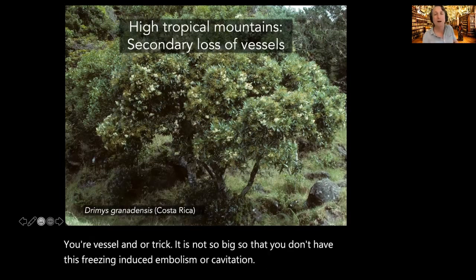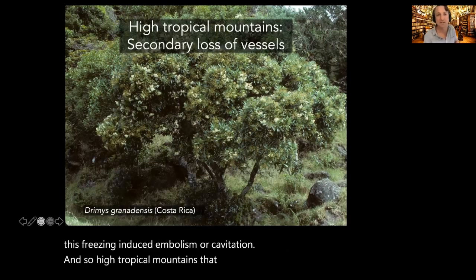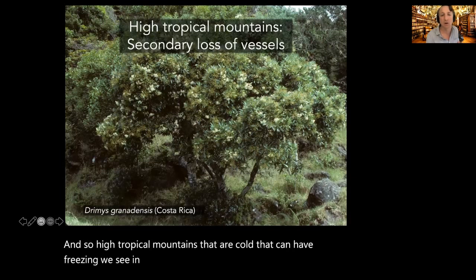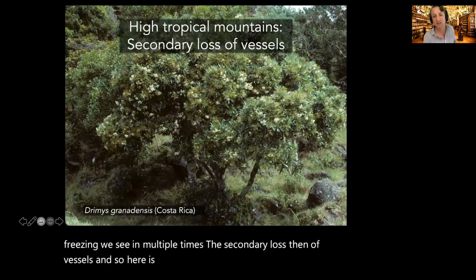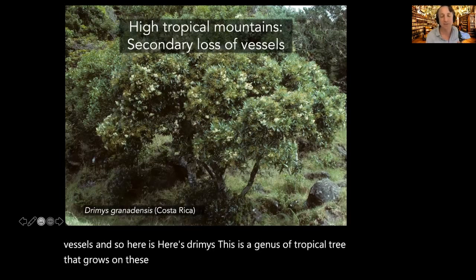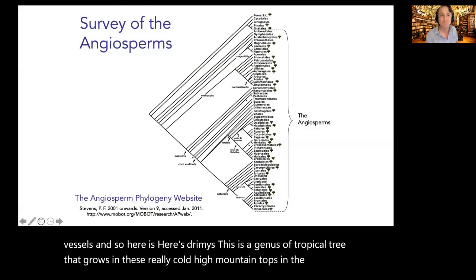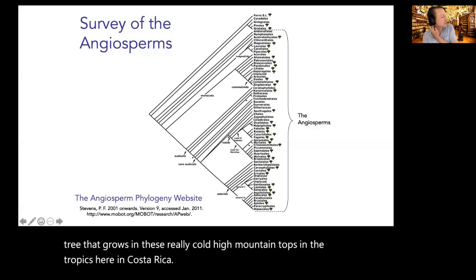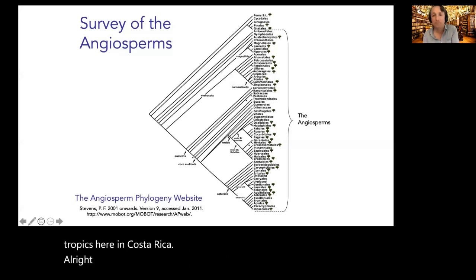And so in high tropical mountains that are cold, that can have freezing, we see multiple times the secondary loss of vessels. And so here's Drimys. This is a genus of tropical tree that grows on these really cold high mountaintops in the tropics here in Costa Rica. All right, so that's really interesting.